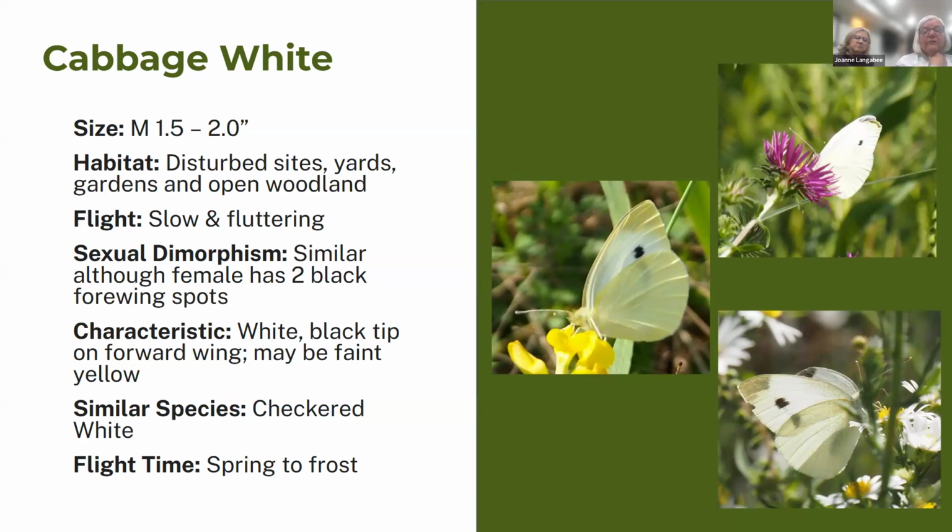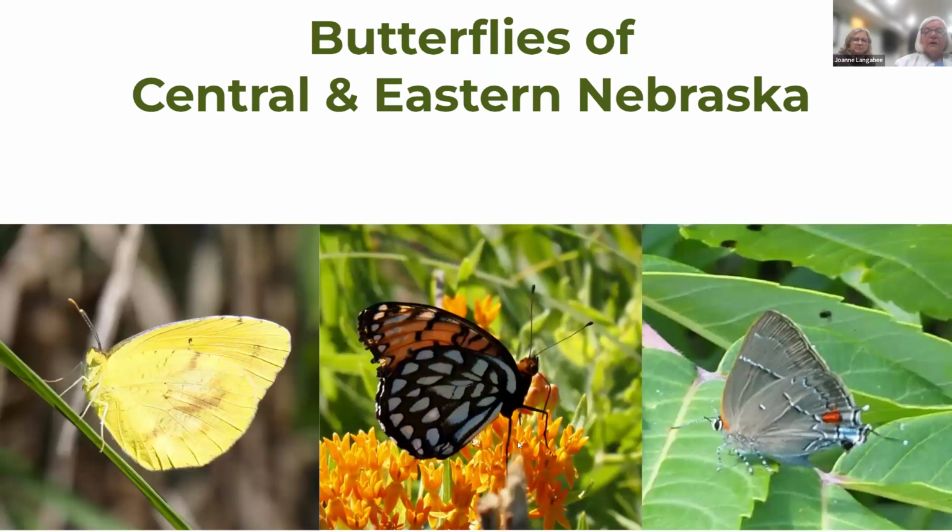It's a slow, fluttering flight. The female has 2 black spots and the male 1, so you can see it over here. This is the female and this is the male. They have a black tip at the end of the wing, and the checkered white is kind of similar. And they go from spring to frost. They're out right now.